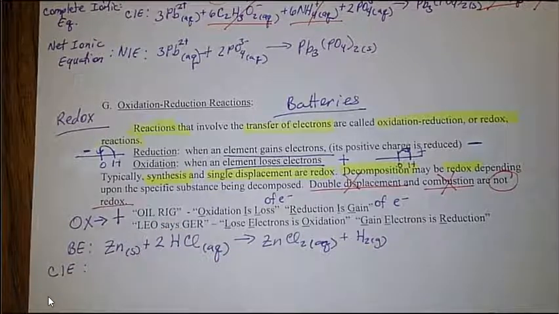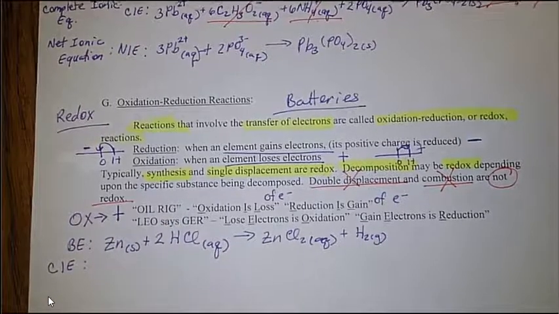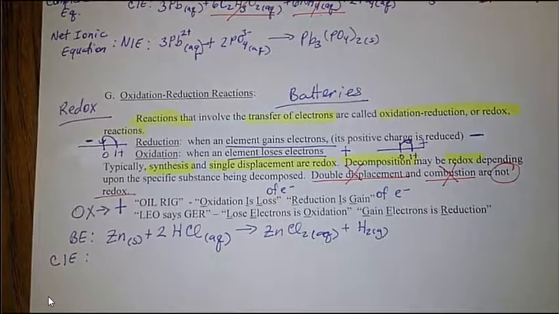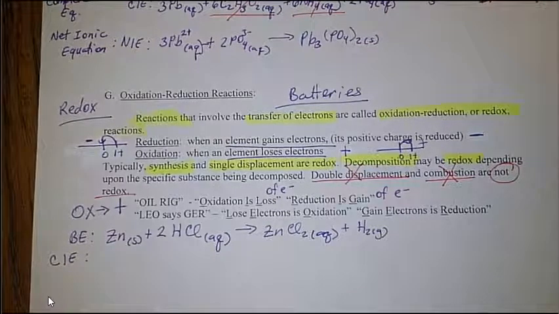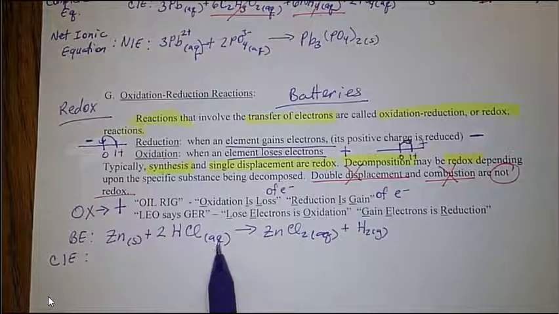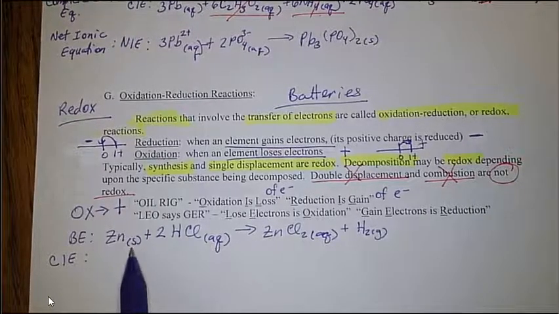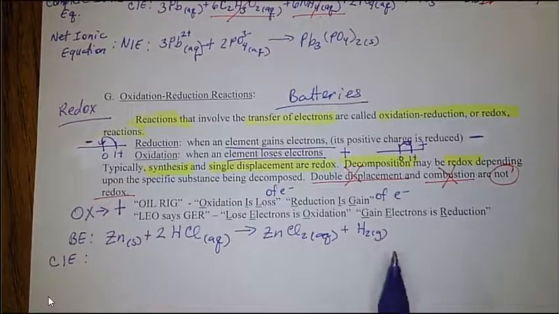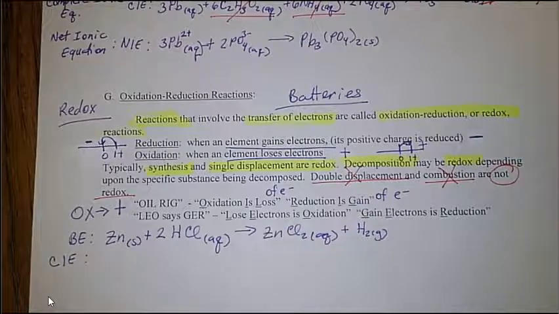And when we do the complete ionic equation, keep in mind that we are breaking everything up into plus and minus charges. The only things that we can break up into plus and minus charges are your aqueous solutions. Anything that's a solid, liquid, or gas stays as it is, and you do not, in any circumstances, break it up.